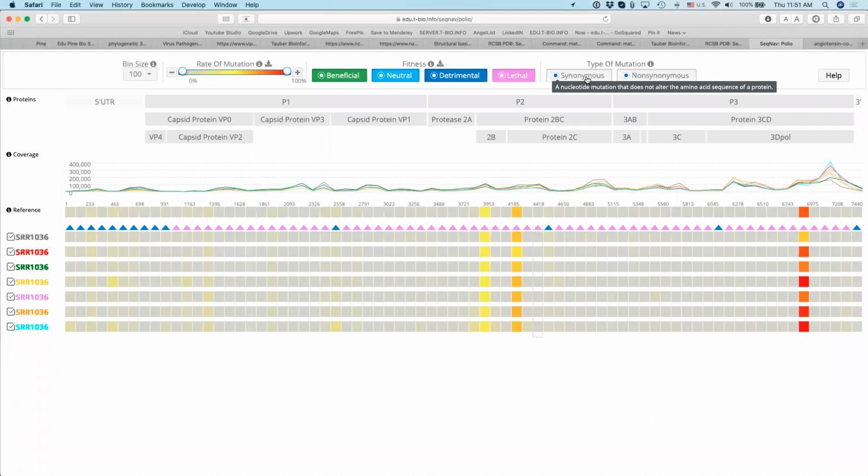And studying those aspects with a model virus like polio is great, because there's a lot of good data.